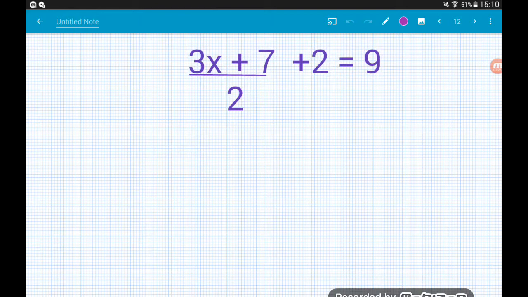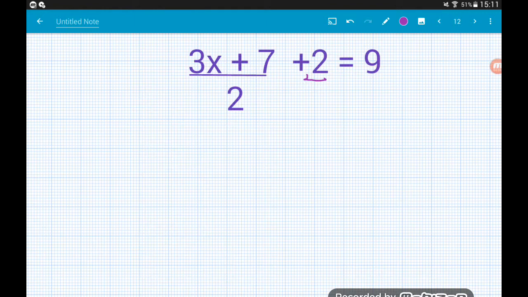Okie dokie. So, stepping it up again slightly here, we've got a fractional term and just a normal number on its own. So the way that I would recommend we attack this would be to move this plus 2 first. We could actually get away with multiplying by that 2 first as well, but I'm a fan of getting as many things on the right hand side as I can before I start messing with complicated terms like this guy we've got here on the left.